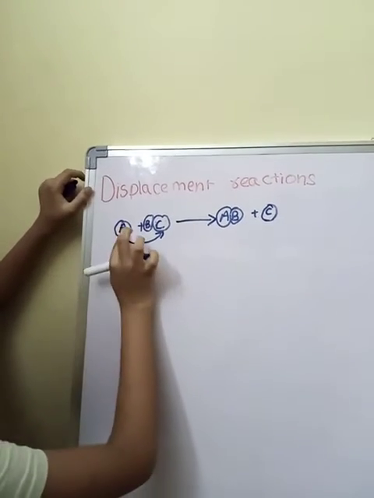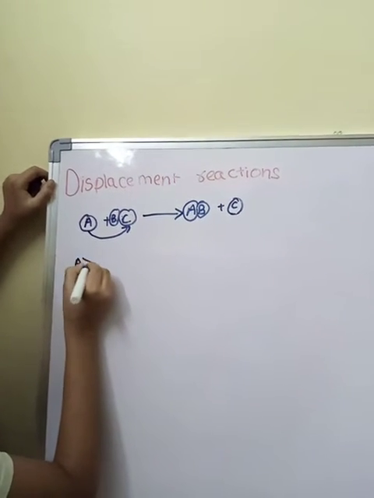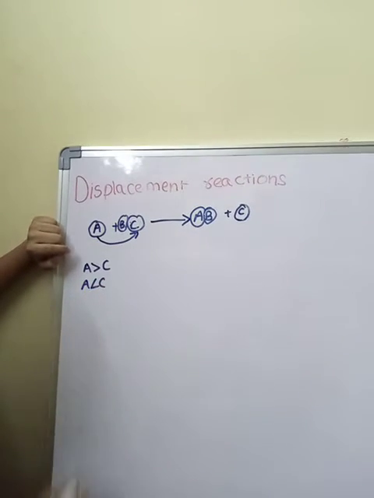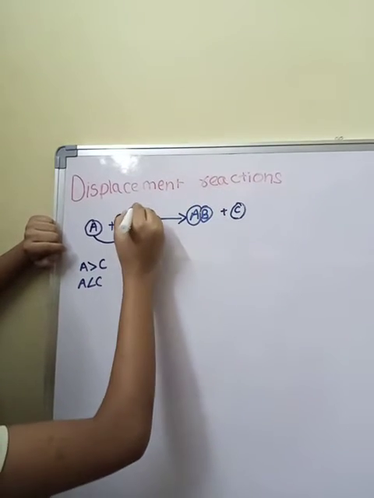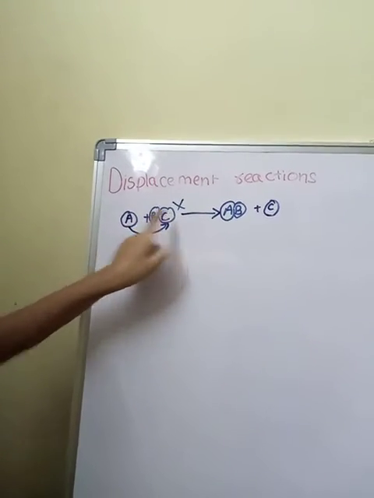If A has to displace C from BC, it has to be more reactive than C. If A is less reactive than C, it will not displace C from BC.